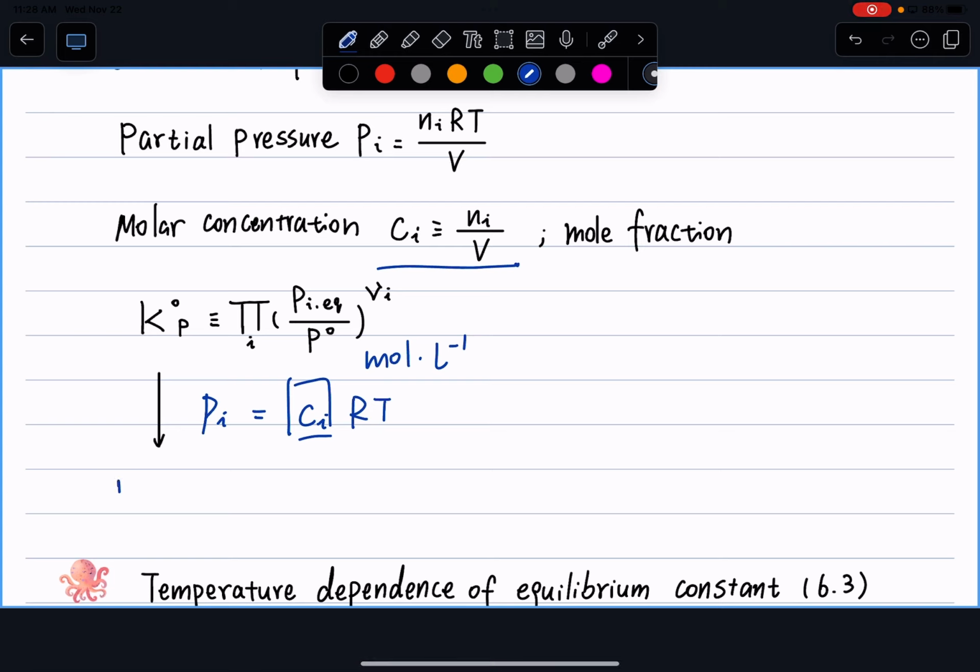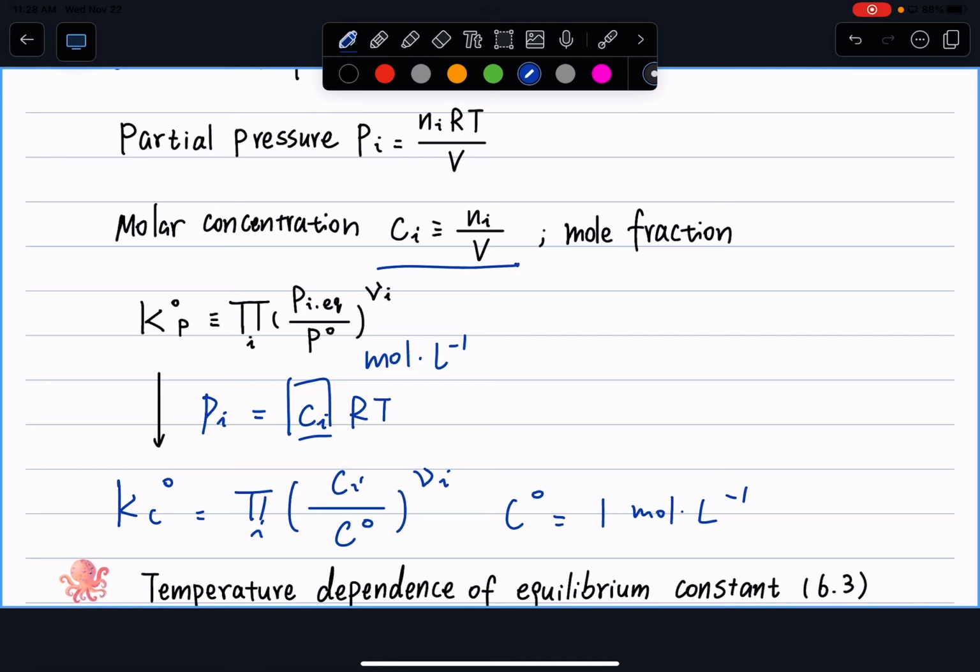And your Kc equilibrium constant thus becomes a product of your Ci over C naught to the power of your stoichiometric coefficient. And your C naught is set to be 1 mole per liter.